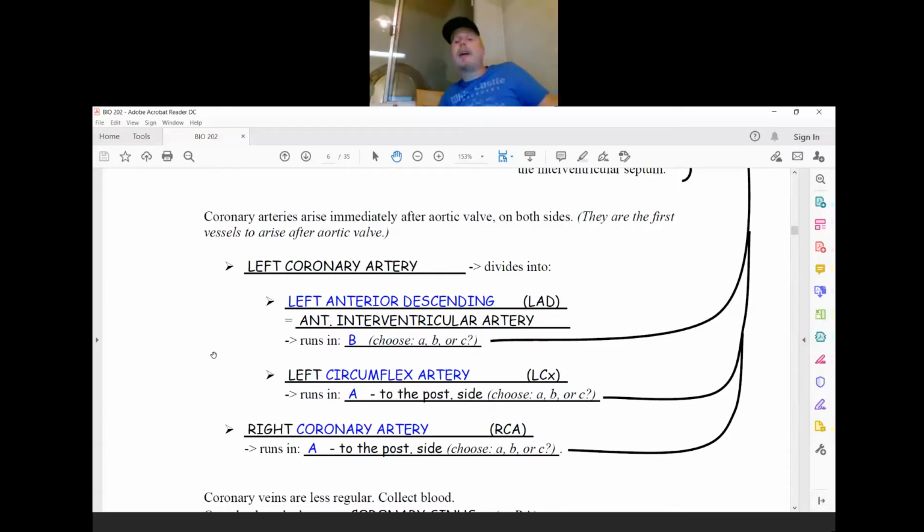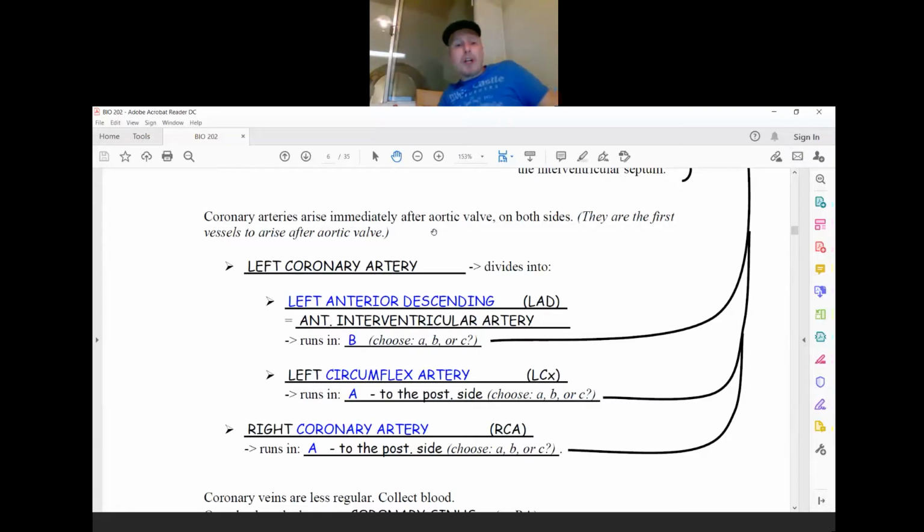It also will, like any other tissue, require blood flow to that tissue, both for getting oxygen and nutrients there, and removing carbon dioxide and any other waste products that build up in cellular respiration. So the left coronary artery arises on the left side of the heart, right after our aortic valve.